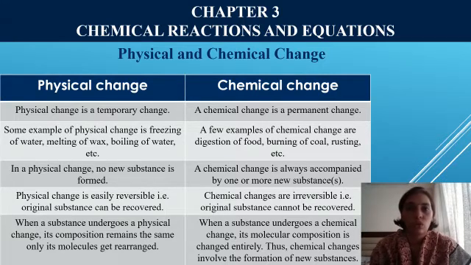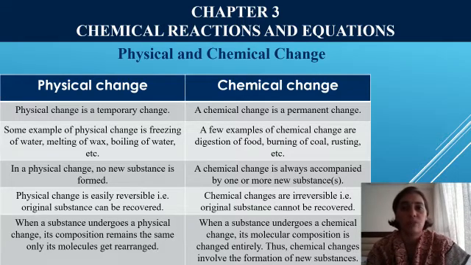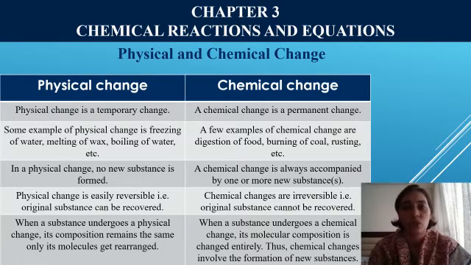Burning of coal. Coal, we know, is carbon. When it is burnt, it is left only with ash, or some smoke is given out. So you cannot get the original coal back, and that is an irreversible process, and we know that coal is a non-renewable source of energy. Rusting: iron articles have a lot of affinity towards moisture, that is water and oxygen.